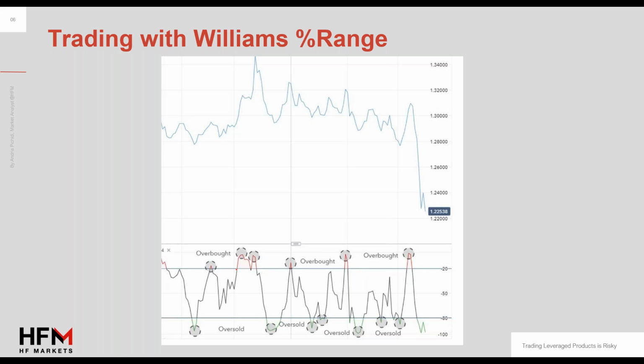Another possible use is to close your long-term entry if you see the Williams indicator crossing above the -20 and starting to pull back, ready to cross below -20.